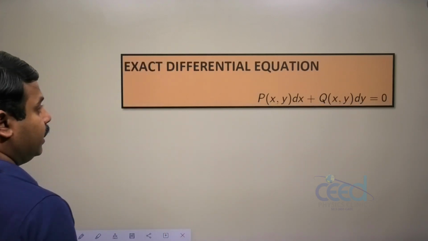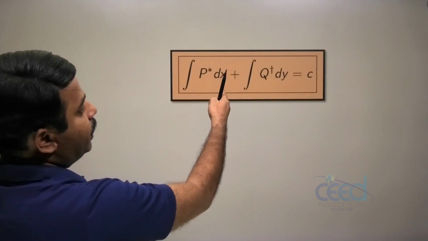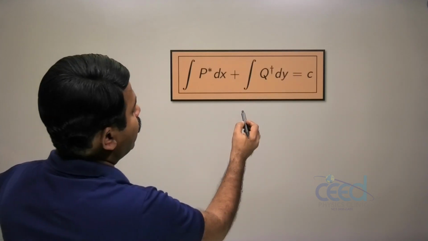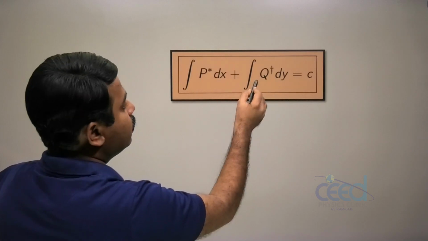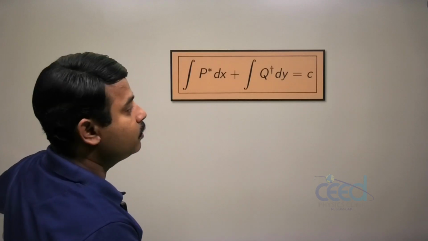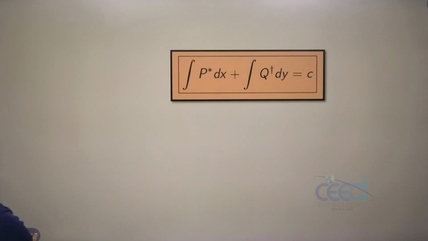So this is integral p dx plus integral of q dy equal to c, where we take only the terms of q which do not contain x.